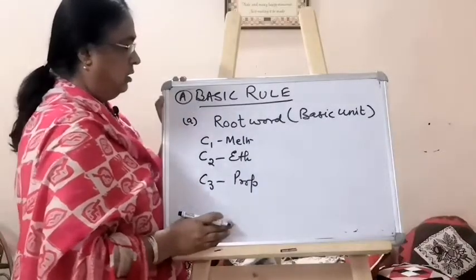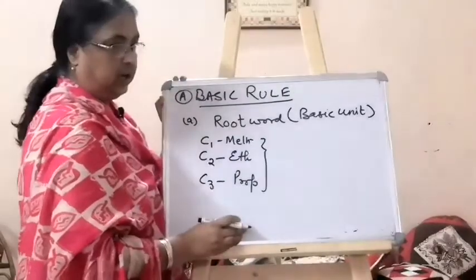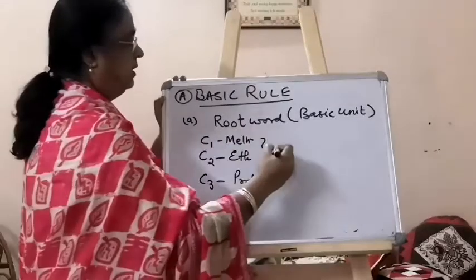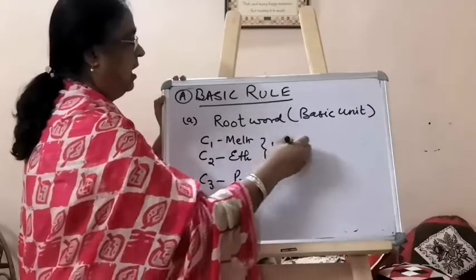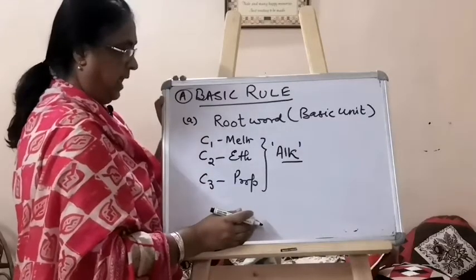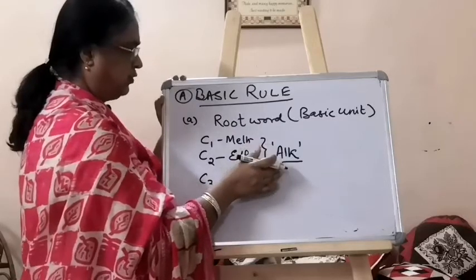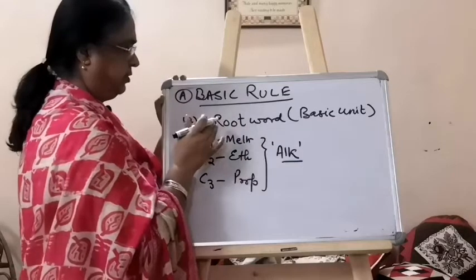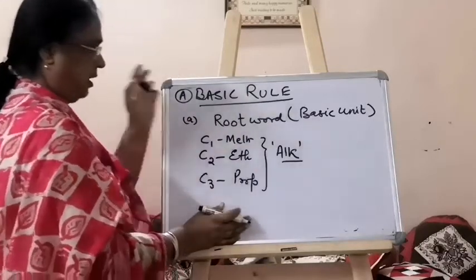These have the generic name, the family name, that is alk. So they are alk, and you have to do this in detail later on. We will see how we are using this term.